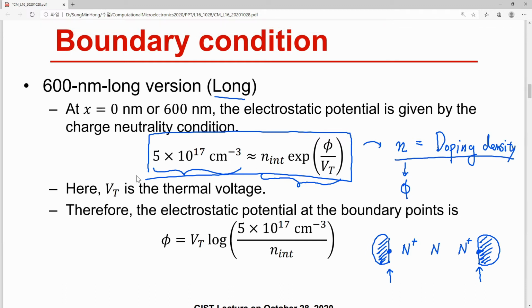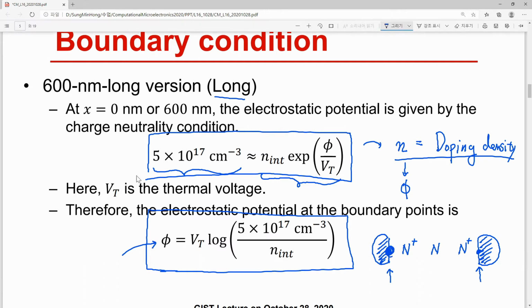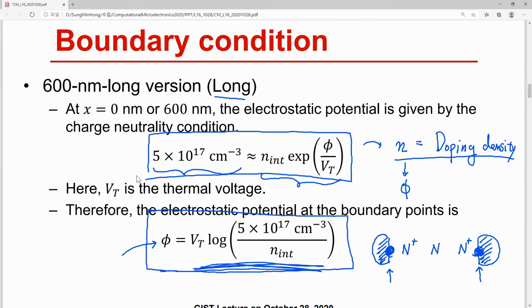So as a solution of this expression, we will get the potential at equilibrium, which will look like this. These two values, the values at the left contact and right contact, will be fixed to the predefined values given here, and for other points we will solve the equations.